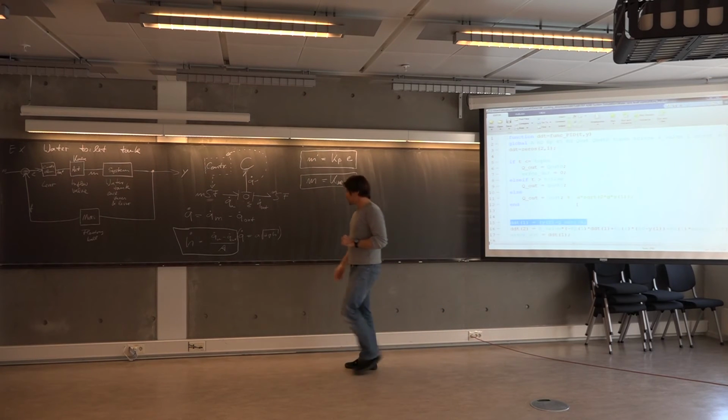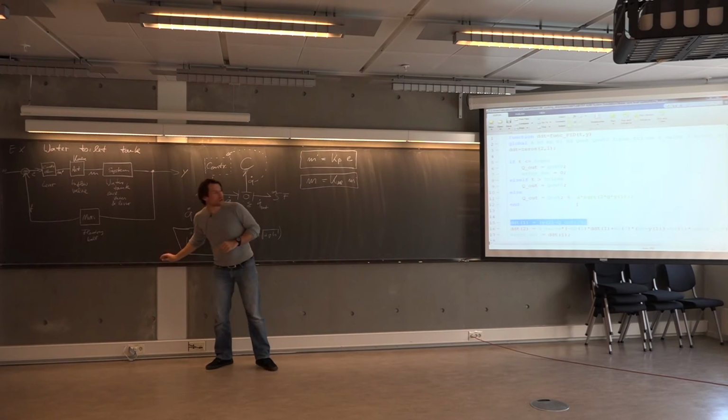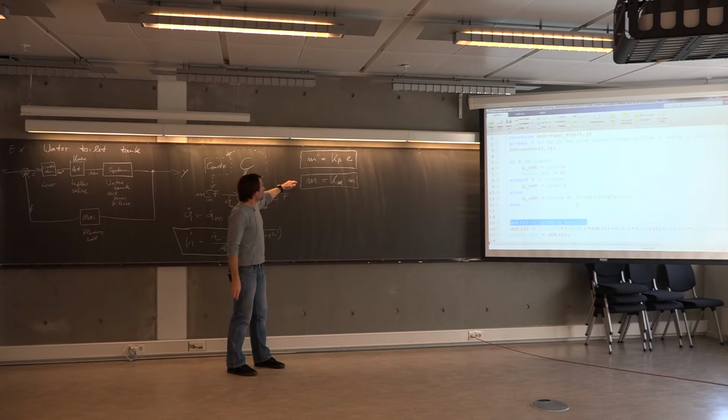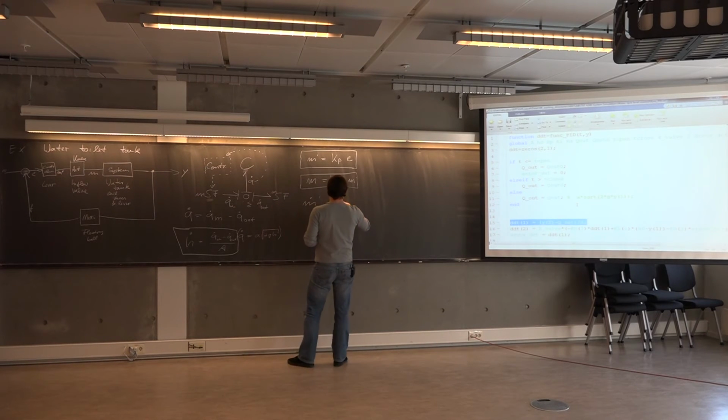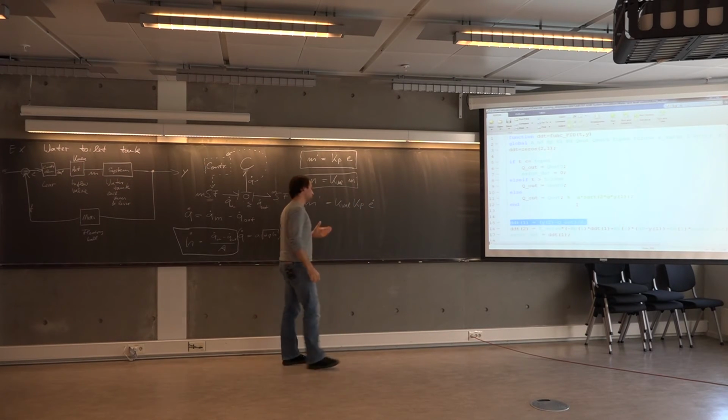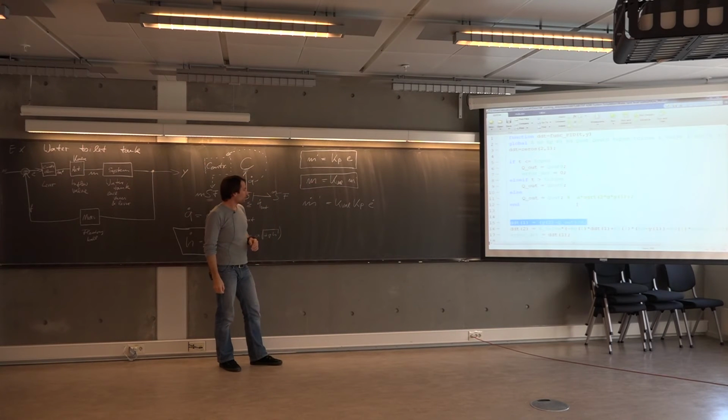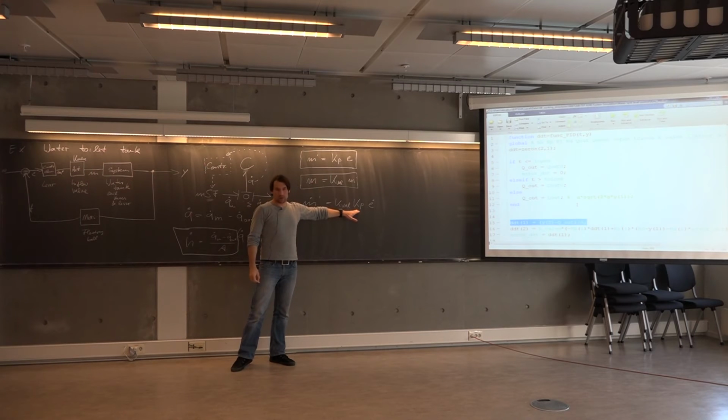And this is because we can also take these equations and take the derivative and write it in this way. These values are usually constant.